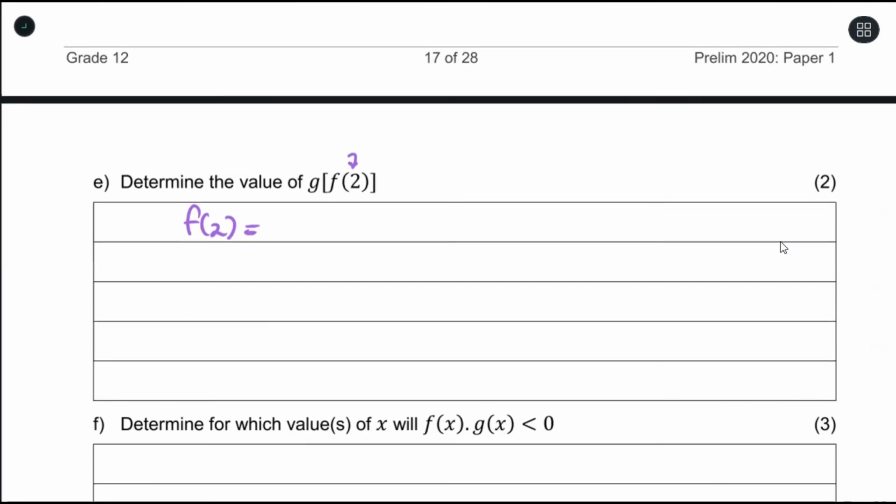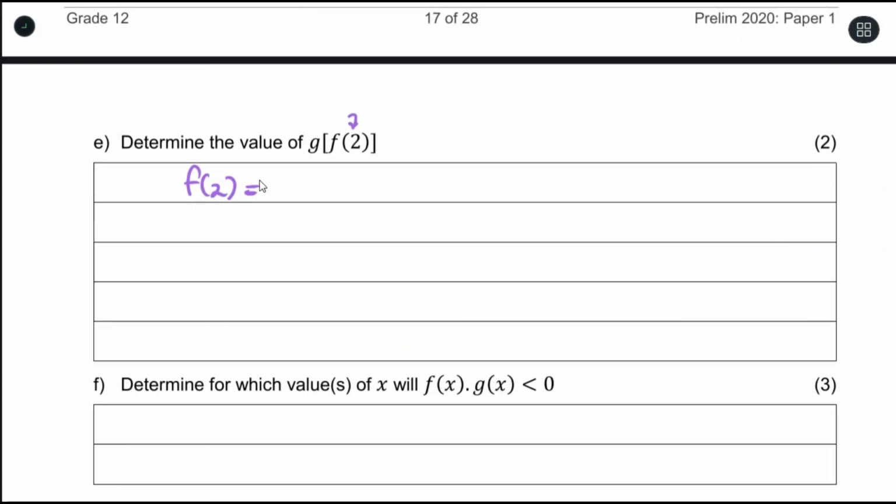So this part of the answer, f(2), is just equal to 0. If you're not 100% sure, you can substitute 2 back into the equation of f and it will still give you 0. Now for the second part, this whole thing is equal to 0, so I'm going to write g(0). That is when x is 0.